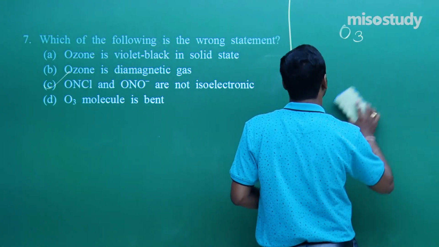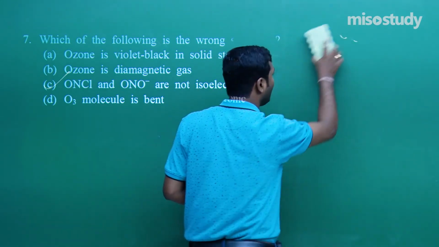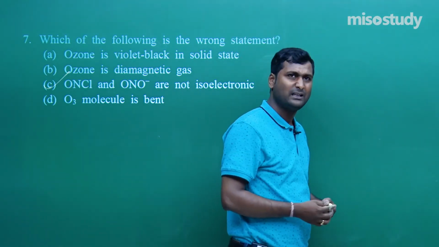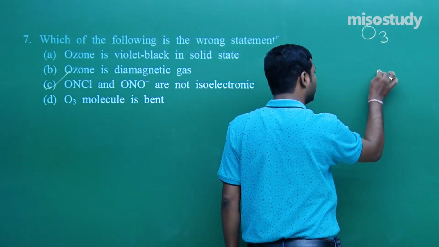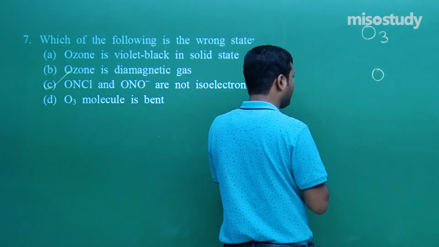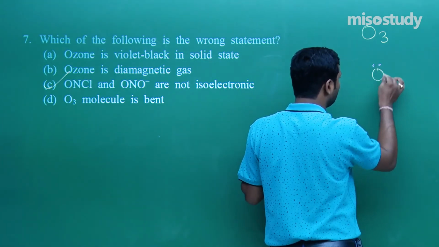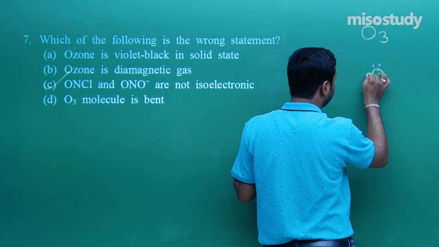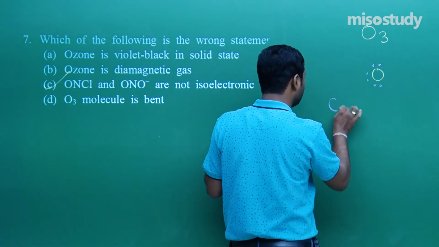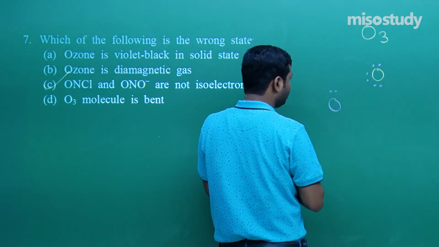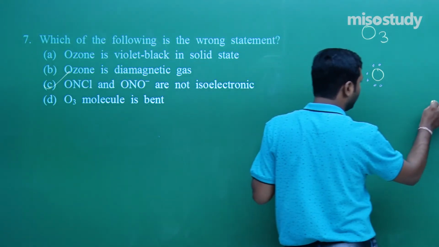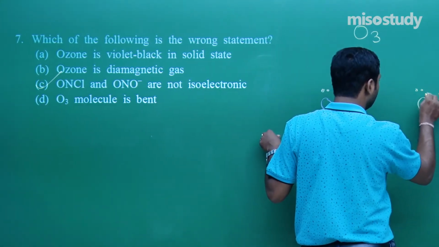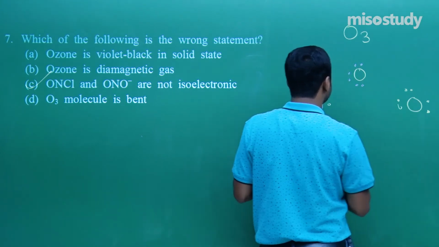Now friend, one more thing. If anyone asks you to draw the resonating structure of ozone, I think you know. So let's practice again. If I talk about O3, look at oxygen here, with electrons 2 to 4 and 2 to 6. Here is ozone again, 2 to 4 and 2 to 6.